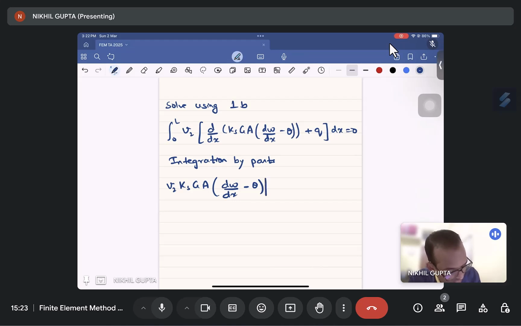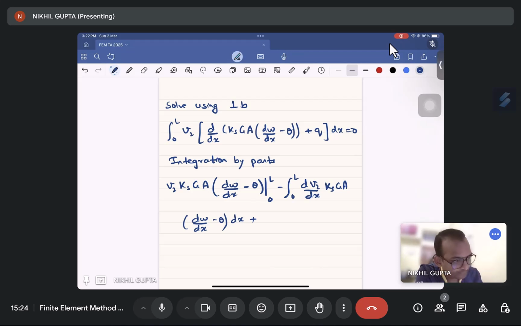Since it is a boundary term, it will have boundary conditions from 0 to L, then minus integral 0 to L of dv2 by dx ks GA (dw by dx minus theta) dx, plus the q term, integral 0 to L of v2 q dx equal to 0.